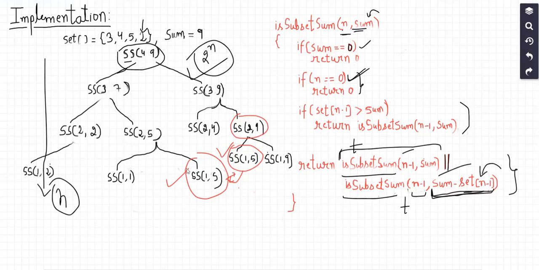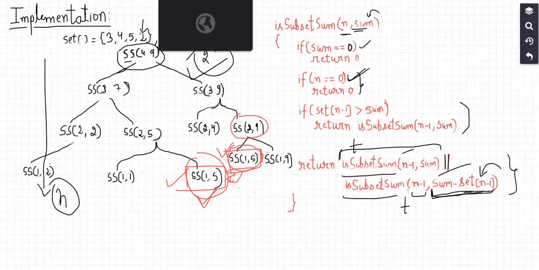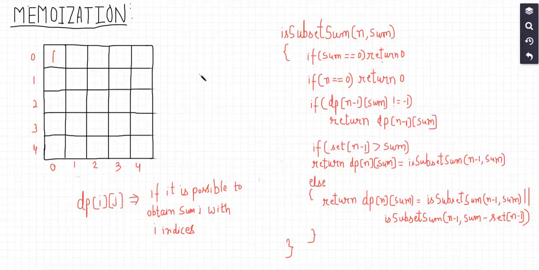Memoization basically is storing the results of these function calls, such that whenever we require the results for that particular set of values, we do not have to call the function again to recompute them. Rather, we simply return the results that we have stored. Okay, so that's the idea of memoization.